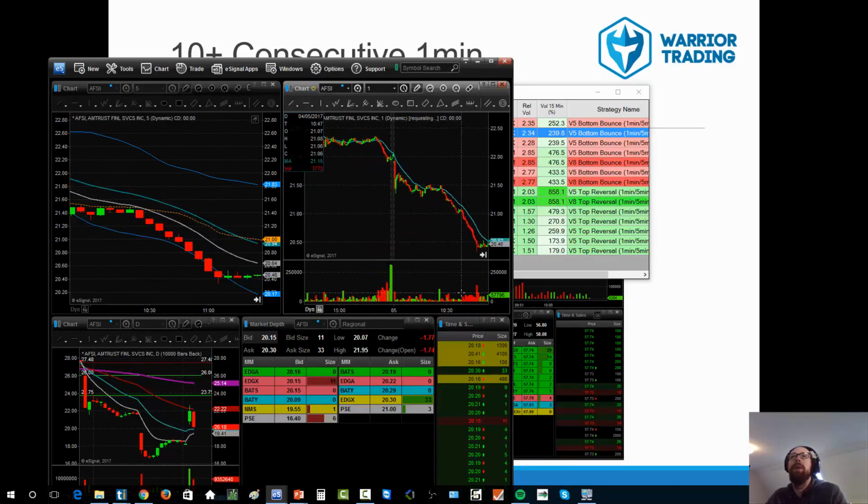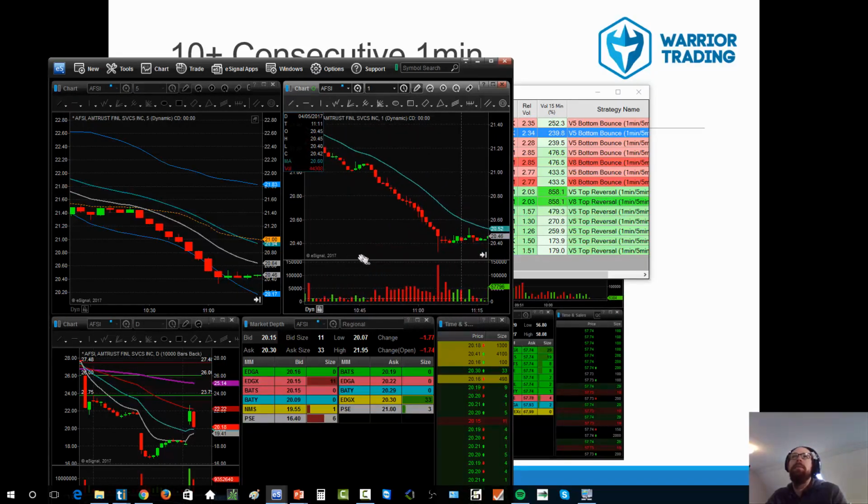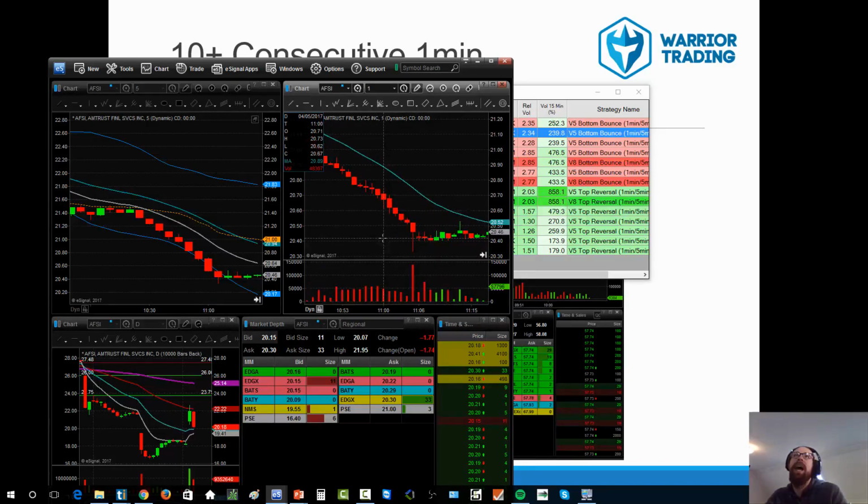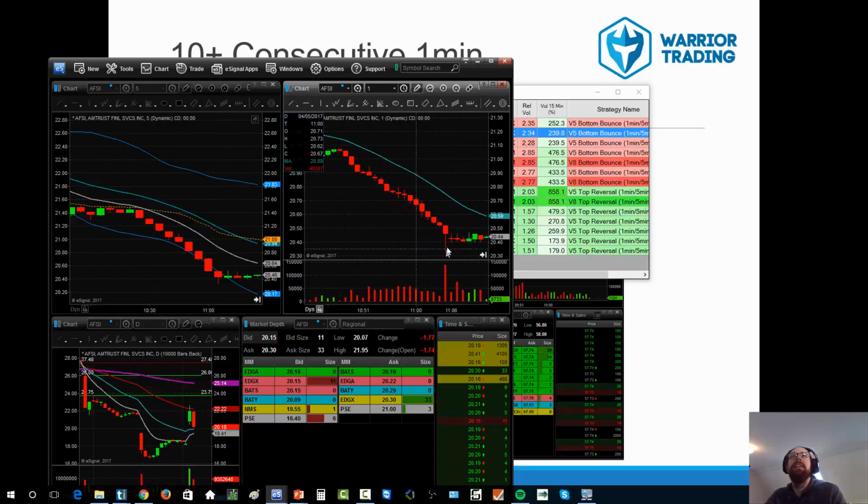Now, see, when I look at that, you have that many consecutive red candles, and to me that's like, I want to get in it. But then when you have this candle here, and this candle here, and this candle here, those 3 little dojis in a row, those actually make me feel a little uncomfortable because you want to see the snap when you get that extreme.